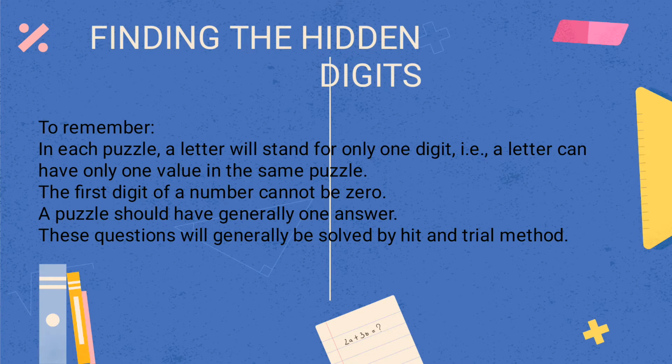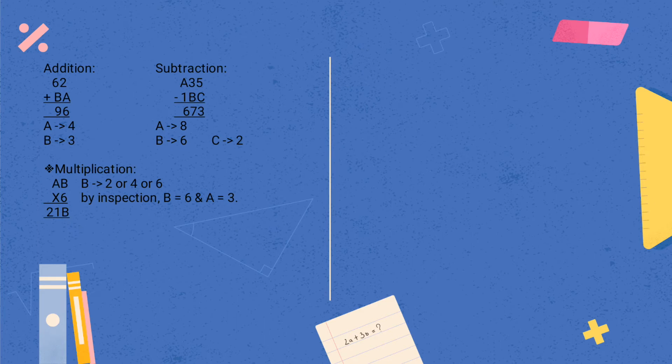And just for the sake of simplicity, we will be solving these questions with the hit and trial method, that is, we will try to substitute various values for a given alphabet. Let us take some examples. We will take three cases, one for addition, one for subtraction, and one for multiplication.